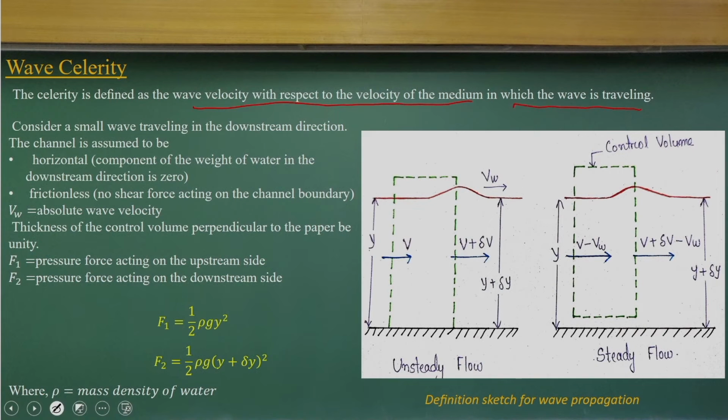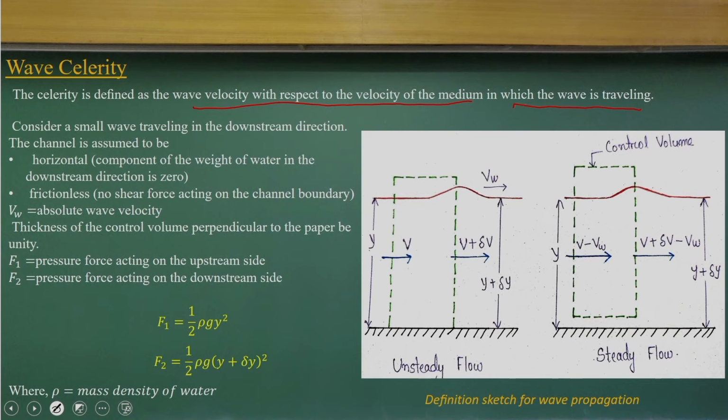Again, I am just repeating: celerity means the wave velocity with respect to the velocity of the medium. We create a wave and try to find out the wave velocity; the velocity of the medium is the flow where the wave is travelling.